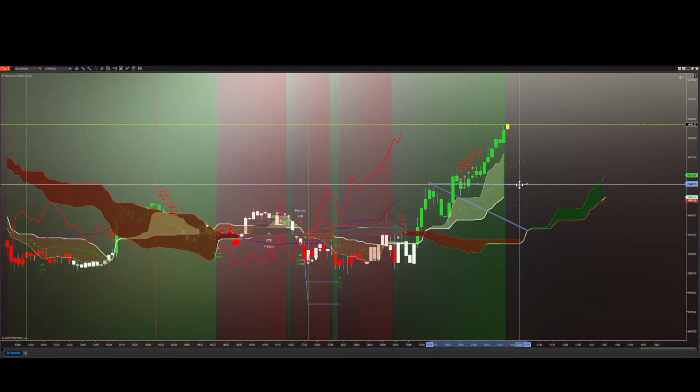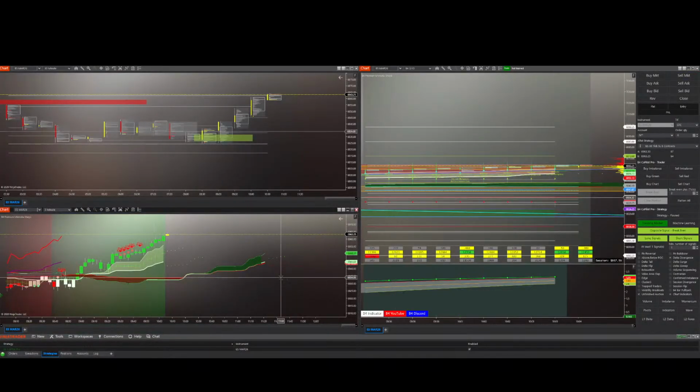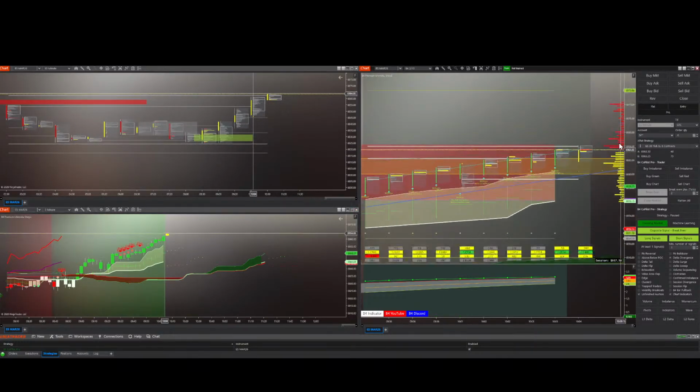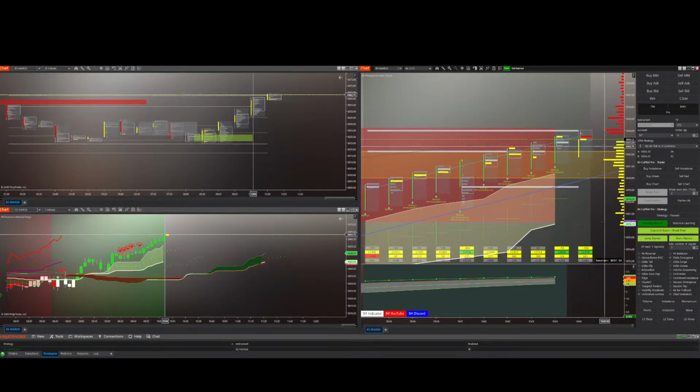Anyway, that's forecast lines. We broke over that line. We're up here now.